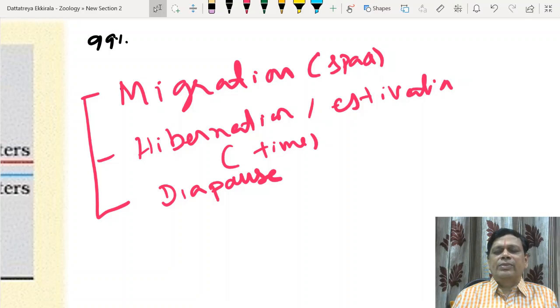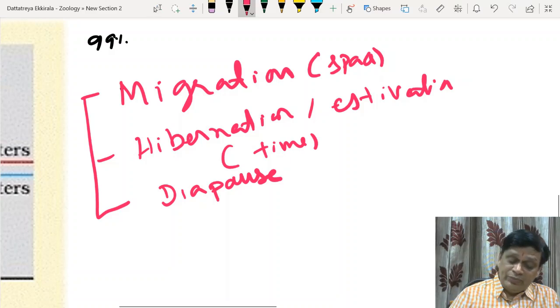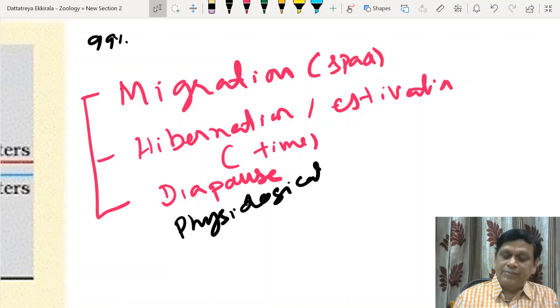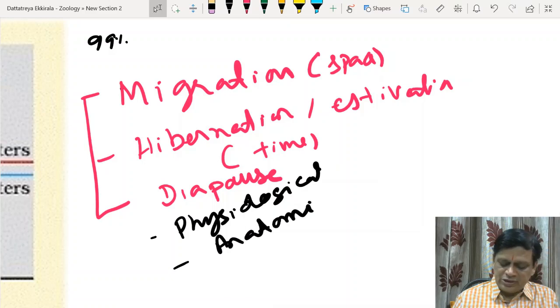These are some adaptations. Then there are different adaptations. There is no limit for this adaptation because there can be, for example, physiological adaptations. For example, mammals start showing sweating, temperature is high, shivering when temperature is low. Then there is a presence of adipose tissue, that is anatomical adaptation.